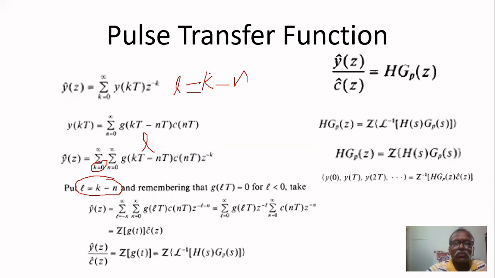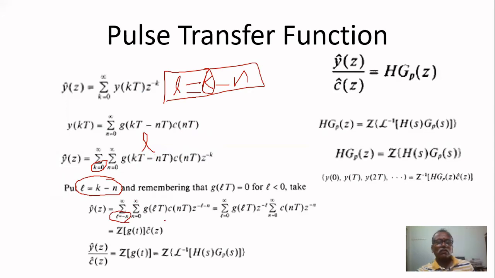K equal to 0. You substitute k equal to 0 here. So the L now starts from minus n. But we know that the system has no values when L is less than 0. That's why this L can be replaced here by a 0. But mathematically it begins at minus n. After that it becomes 0.